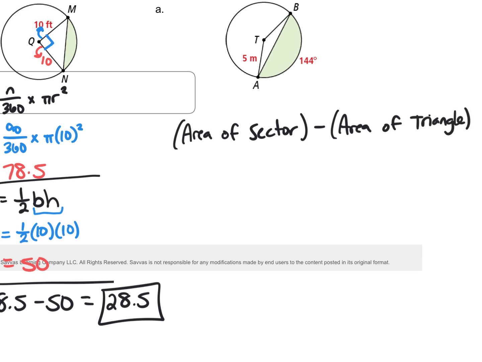And then in case you have brain farts later on, remember we did this formula, minus that. So that's to find the area, they call it, of a segment, but it's just talking about the segment of that shaded region.